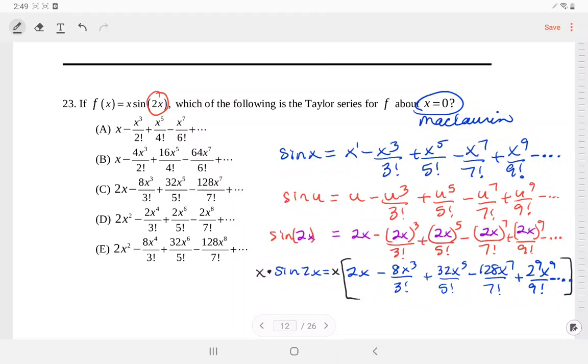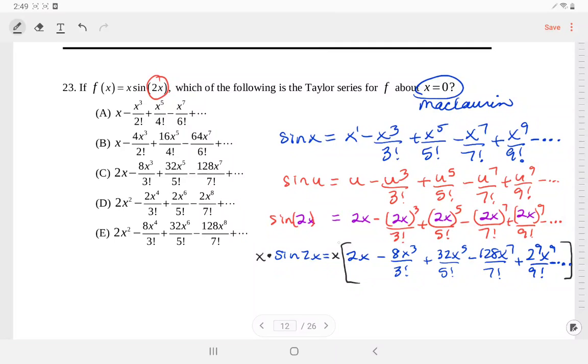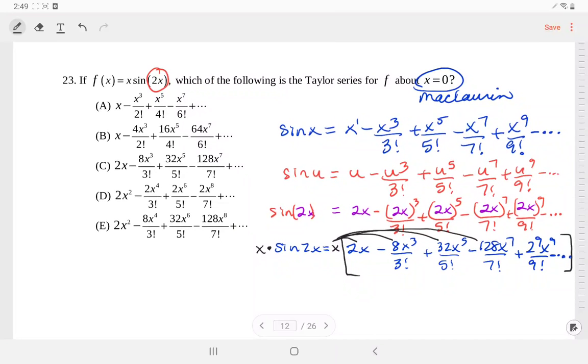So then you have to think of your algebra rules. What's my algebra rule if there's an x in the front? It would be distributing. Now, if I was just adding, I would add like terms. So if it was x plus sine 2x, I would only add it to the 2x, and I wouldn't add it to everything. 2x squared minus 8x to the 4th over 3 factorial plus 64x to the 6th over 5 factorial minus, that's probably enough terms.